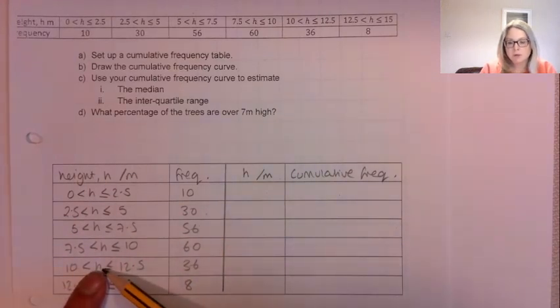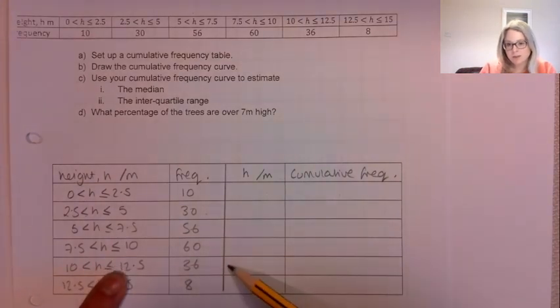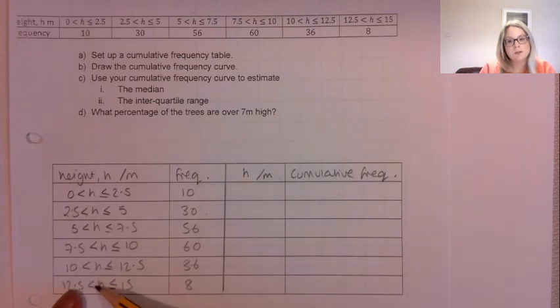Here, this group here is for trees which had a height greater than 10 meters and less than or equal to 12.5 meters. There was 36 of them. This one, heights greater than 12.5, less than or equal to 15, and that's 8. Now pay close attention to these signs here.